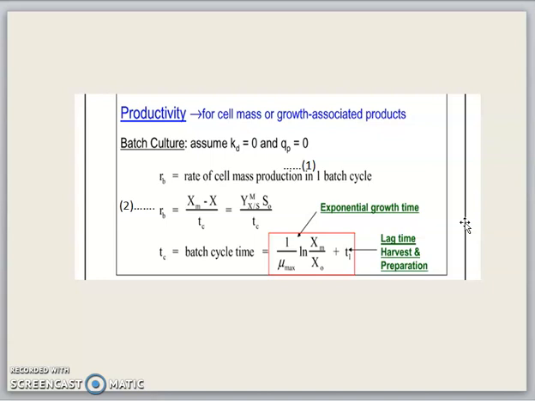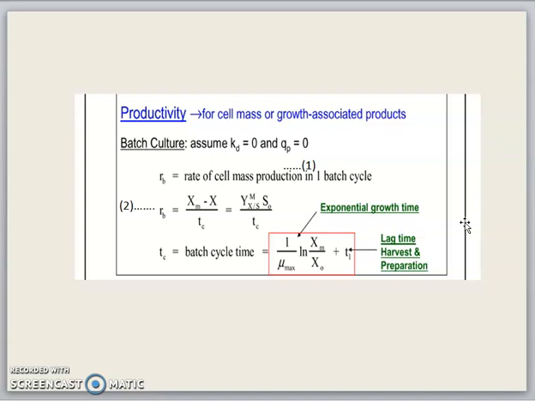Here you can see RB is the denotation of the rate of cell mass production in batch culture, in one batch cycle.